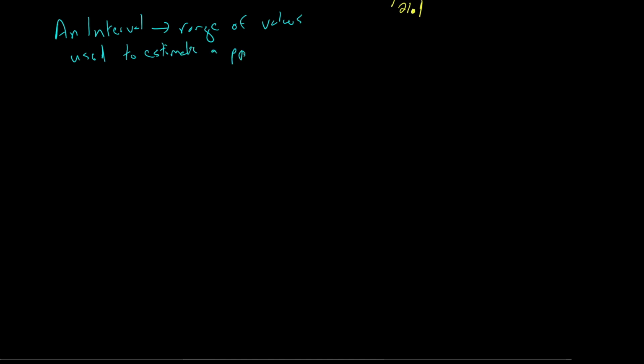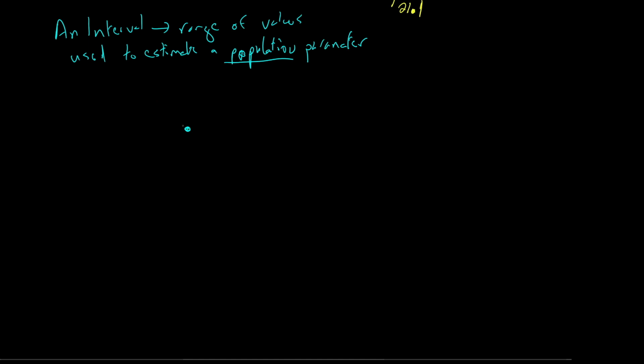Now notice the game here. We're estimating a population parameter. We're taking sample data and we're talking about the population. And so what we're going to do is talk about finding what we'll sometimes call a margin of error.